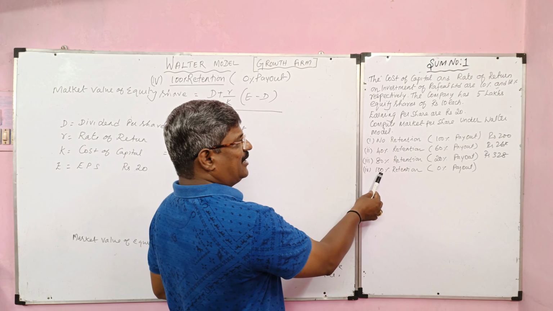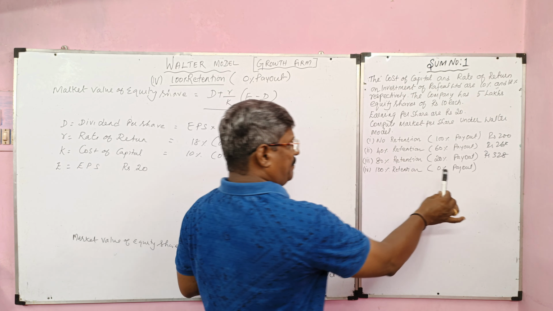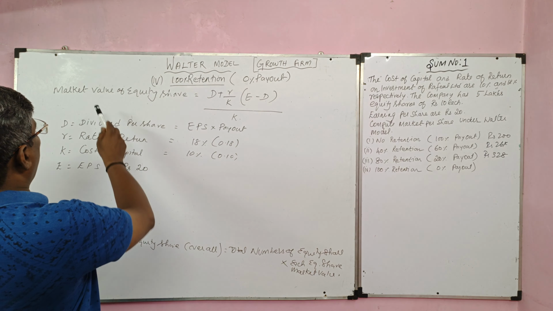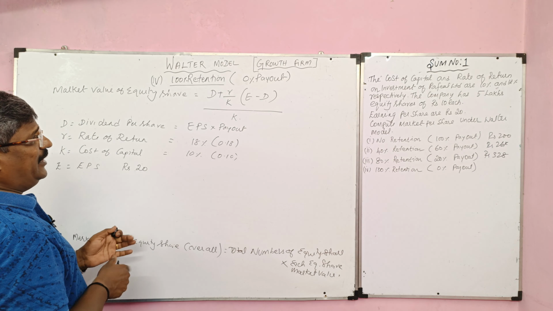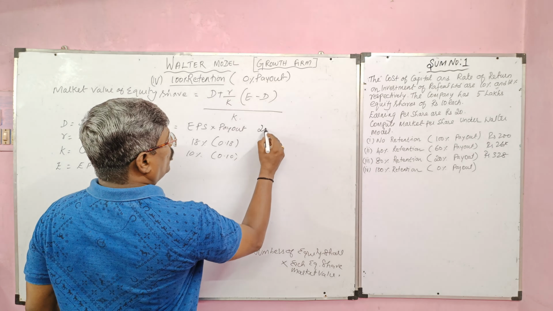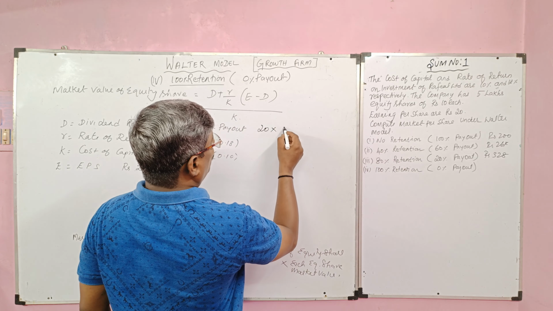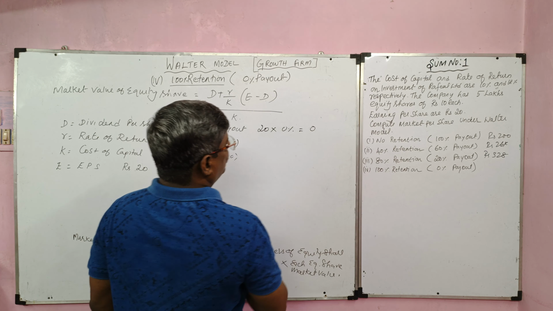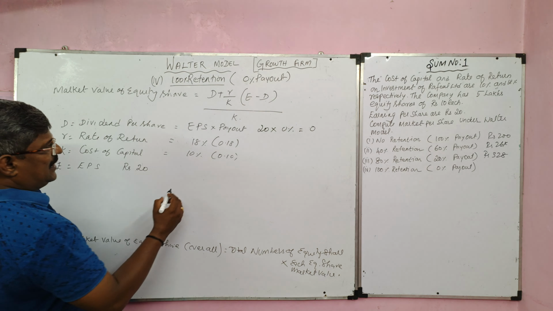Fourth situation, 100% retention, no dividend is paid. So the payout ratio is 0. Market value of equity share, same formula. We have to find the dividend only. EPS, we know 20 per share. Payout ratio is 0%. So dividend value is 0. So now we'll apply.